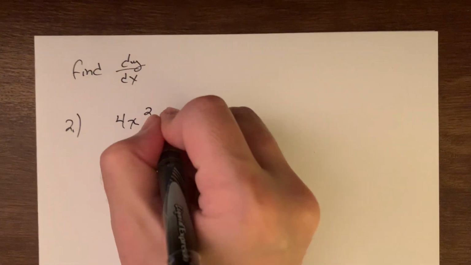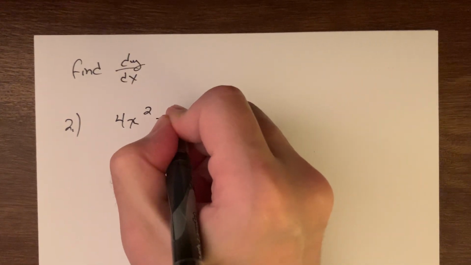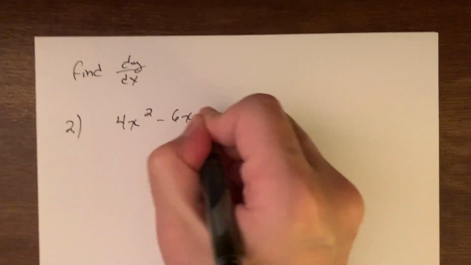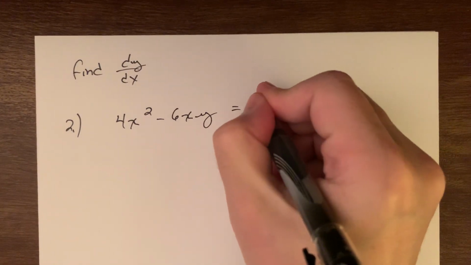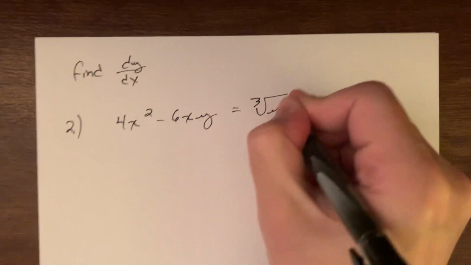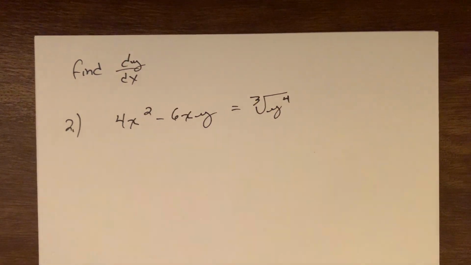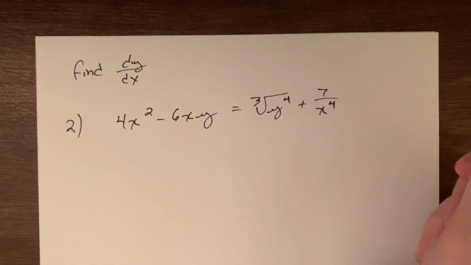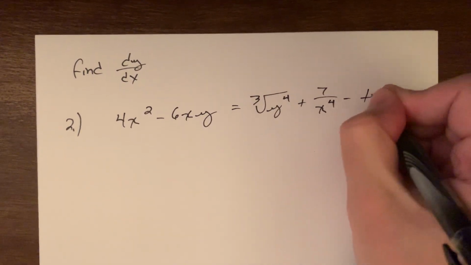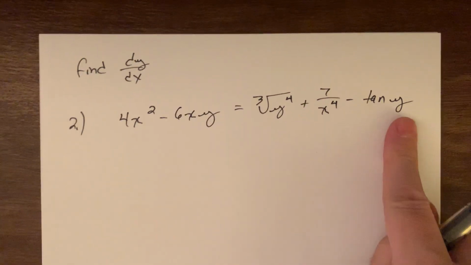4x squared minus 6xy equals the cube root of y to the 4th power plus 7 over x to the 4th power minus tan y.